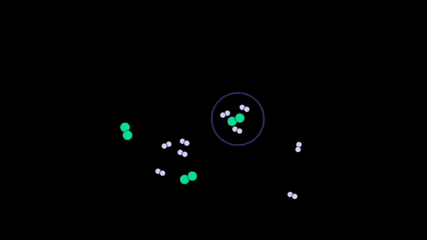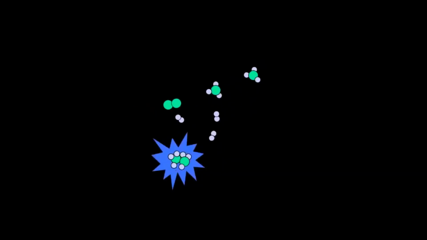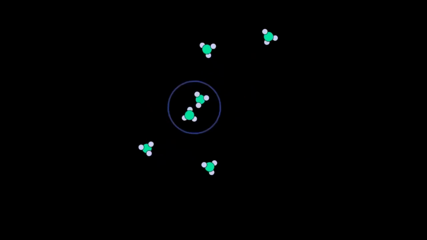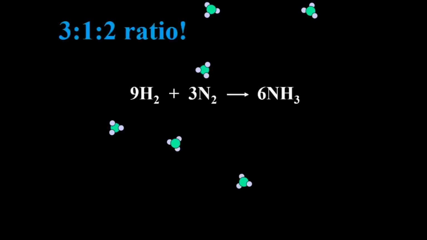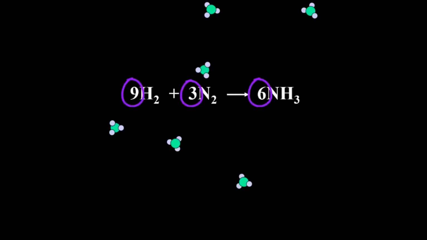So, what I'd like you to see here is that even with large amounts of molecules, this reaction still occurs with a ratio of 3 hydrogens to 1 nitrogen, producing 2 ammonia molecules. And with this particular reaction, it will always react in that 3 to 1 to 2 ratio, no matter how many molecules you have.